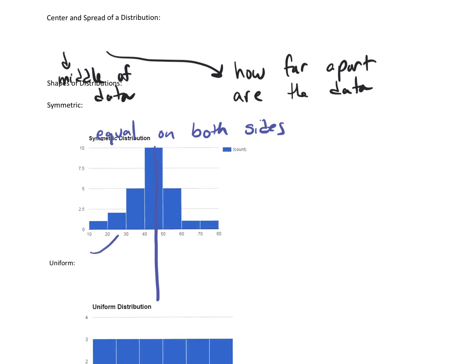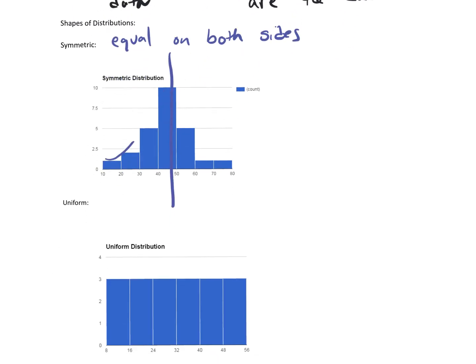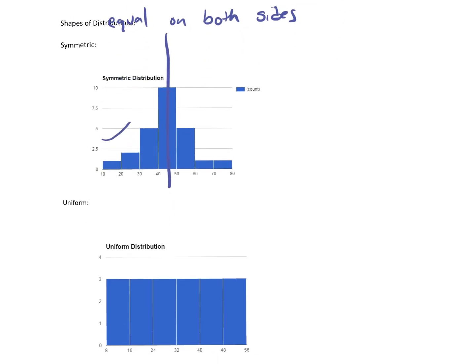Now, some other shapes are what we call uniform and skewed left and skewed right. So if I can make this work, get this down here. This is what's called a uniform distribution. Now, this is a perfectly uniform distribution, right? But in a uniform distribution, all the classes have similar frequencies.